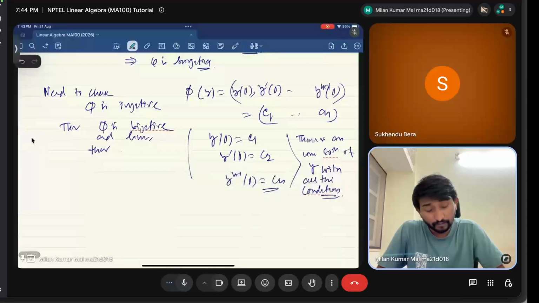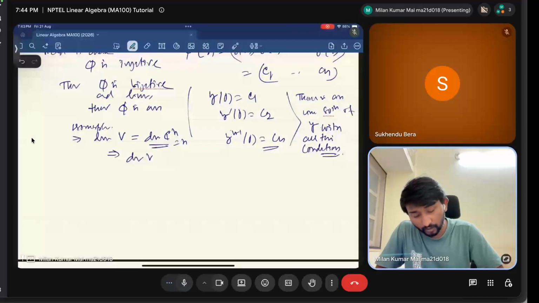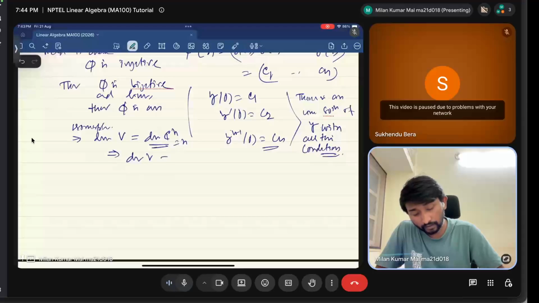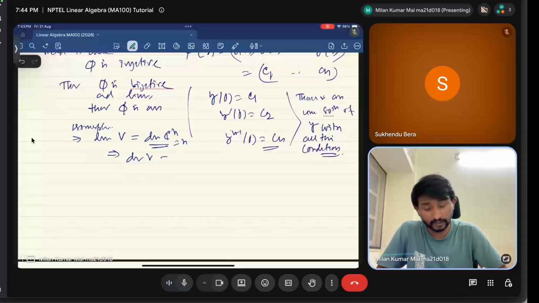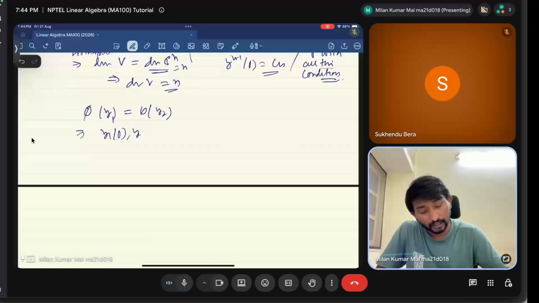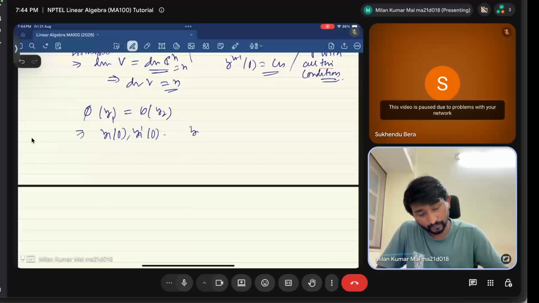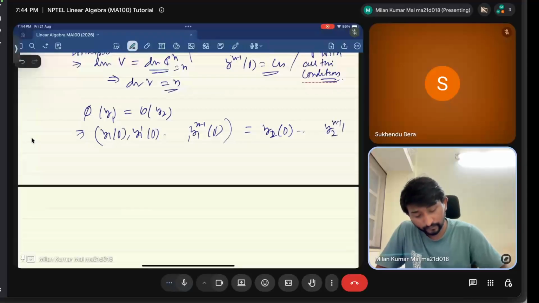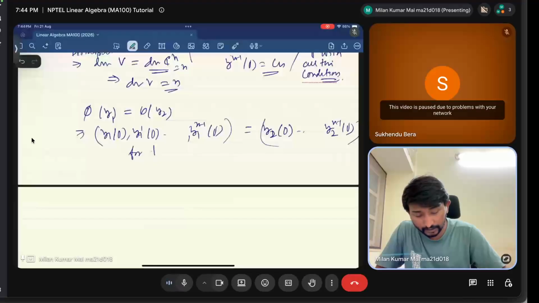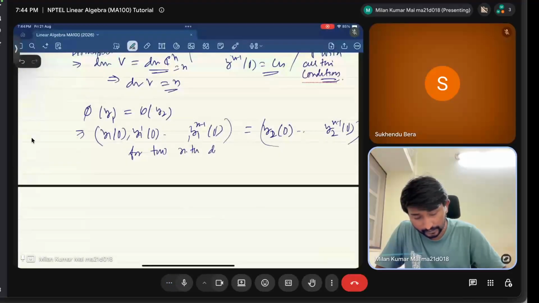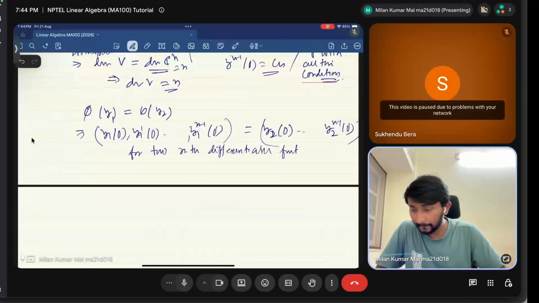Why is phi injective? Because if phi of y1 is equal to phi of y2, that gives y1(0), y1'(0), all the way y1^(n-1)(0) for an n-1 differentiable function, then y^(n-1)(0), for an nth differentiable function.